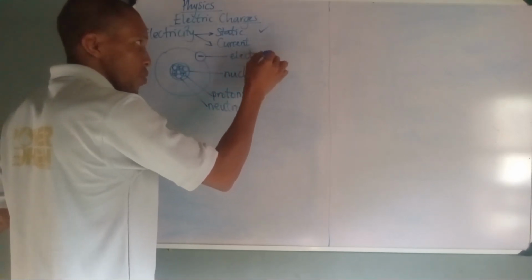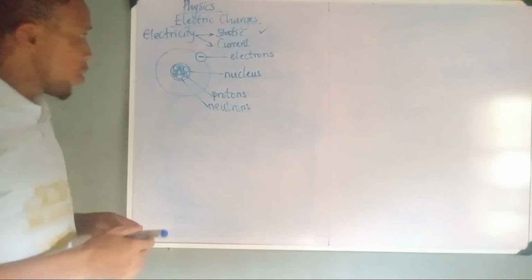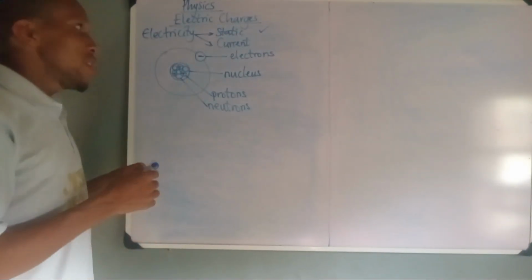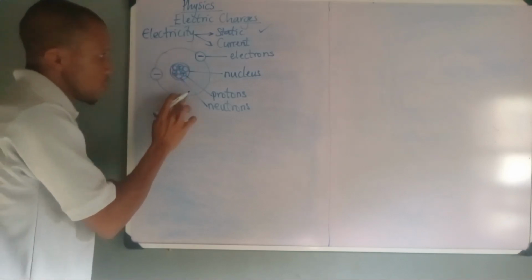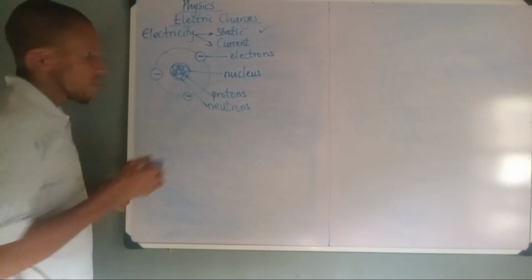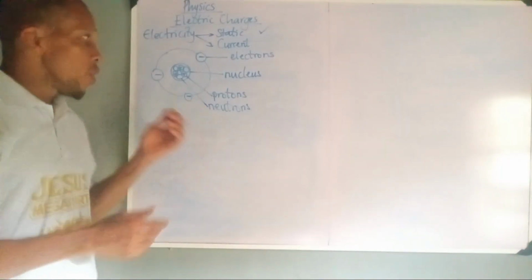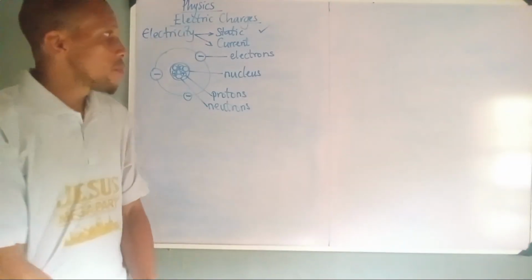Electrons. Okay, now one interesting thing about atoms, for them to be electrically neutral, if there are three protons, then definitely there will also be three electrons to make sure that everything is balanced. So every atom is electrically neutral, which means the number of protons and number of electrons are the same.